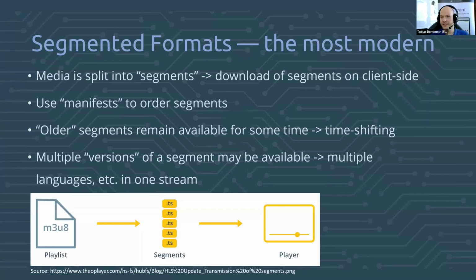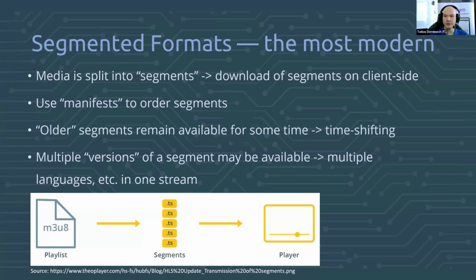So what happens in a segmented stream is, as the name implies, the media that you're sending isn't actually a continuous stream in a sense, but is segmented into small parts, which are then downloaded one after another on the client side. Of course, as far as the client experience is concerned, it is a continuous stream because this happens at high speeds, but on the technical layer, it's not quite that.